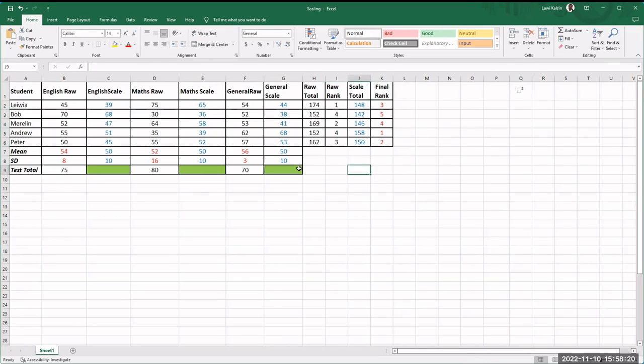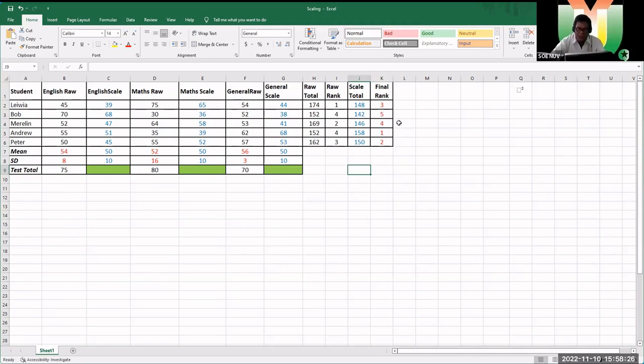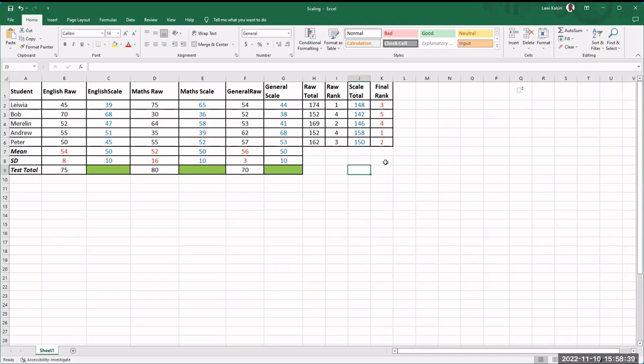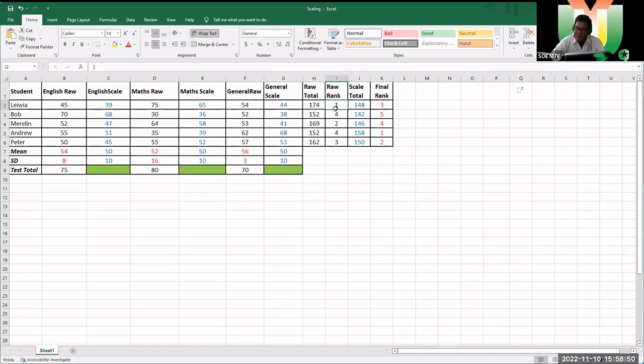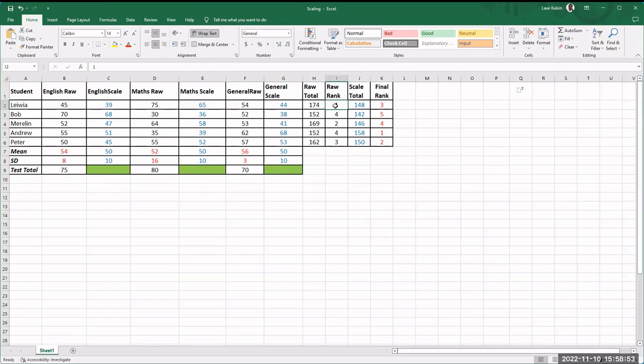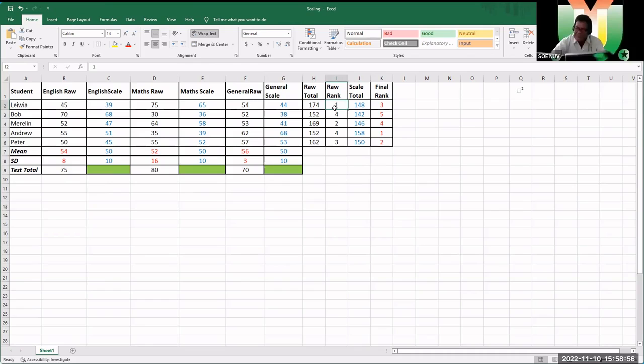So if we are going to award prizes for the students, for example, first, second, and third places, first prize will be given to Andrew, not Lewia. But Lewia came first in the raw ranking. This means that Lewia is very good at mathematics.